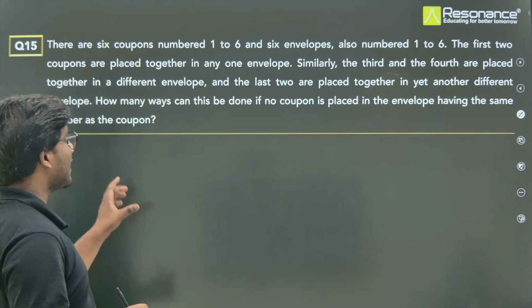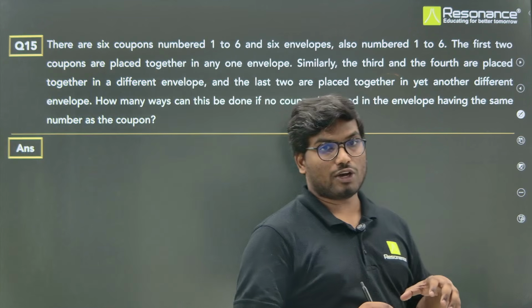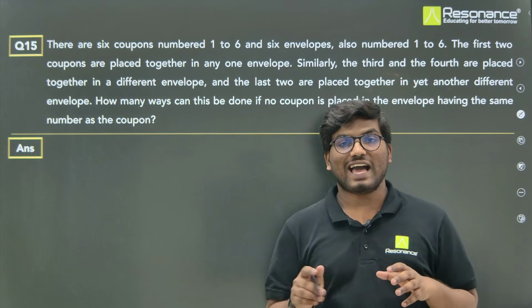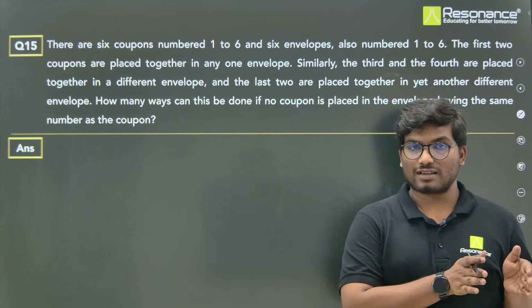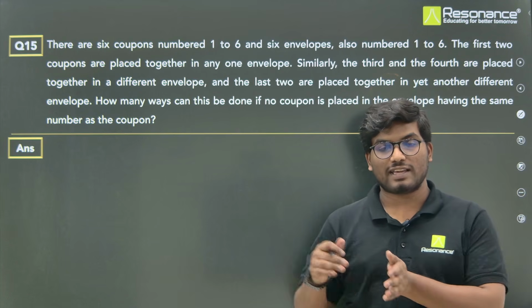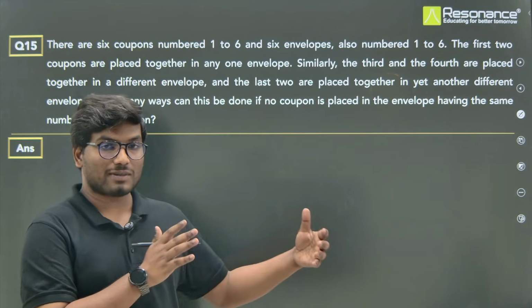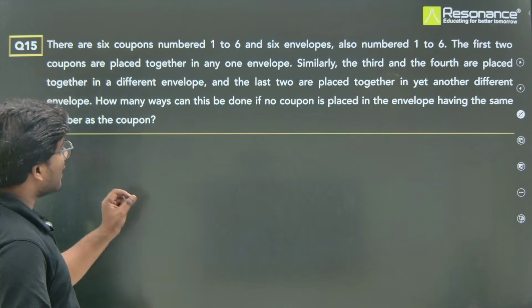Now in this case, the condition is that out of the 6 coupons, coupons 1 and 2 are grouped as one entity, coupons 3 and 4 are grouped as one entity, and coupons 5 and 6 are grouped as one entity.